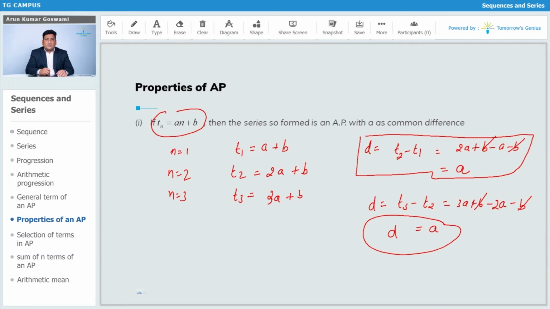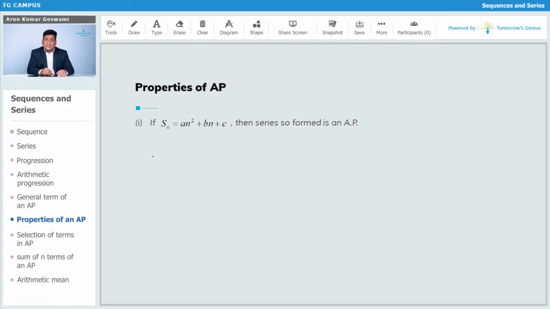The next one is Sn. Sn is given in the form of some quadratic, as you can see here, an square plus bn plus c. In that case also, if I put n values from 1 to 3, let's see what will be the result. So n equal to 1, S1 is a plus b plus c.